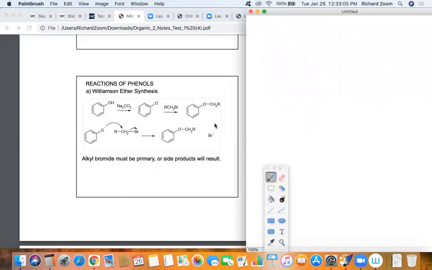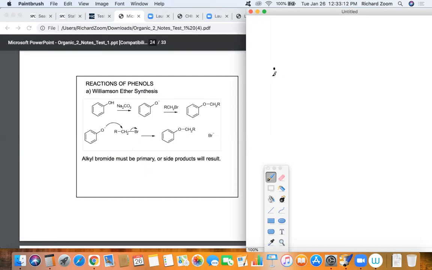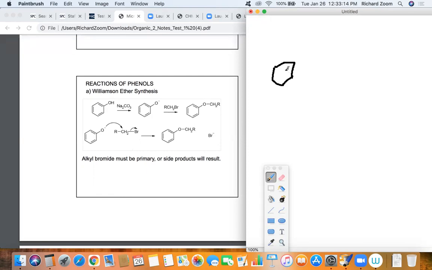Now the thing with phenol with the OH on it is that the H is quite acidic. And the reason for that is because when it forms an anion, it forms an anion that is stabilized by resonance with the aromatic ring, which makes that anion a bit more stable.